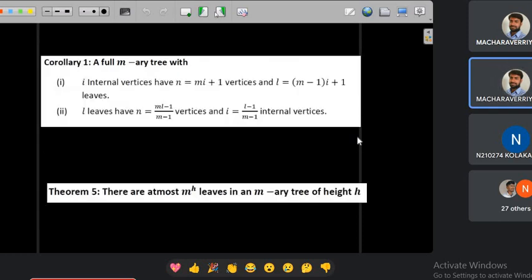Alright. So as a corollary to the previous theorem, you can directly write this. A full m-ary tree with i internal vertices has mi plus 1 vertices, and the number of leaves is (m minus 1) into i plus 1.